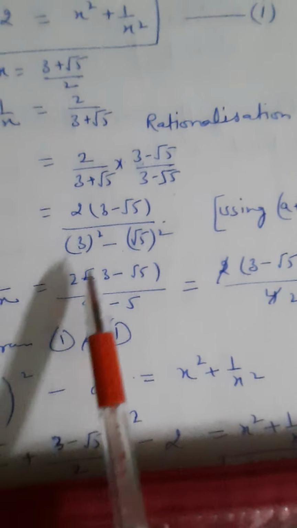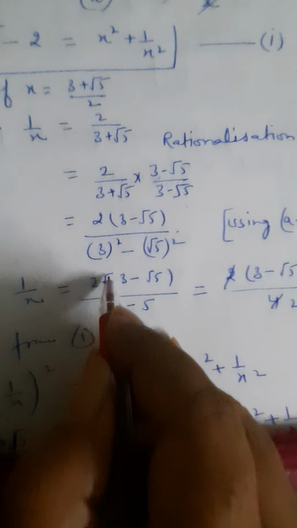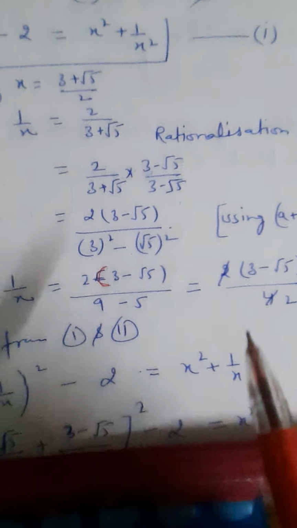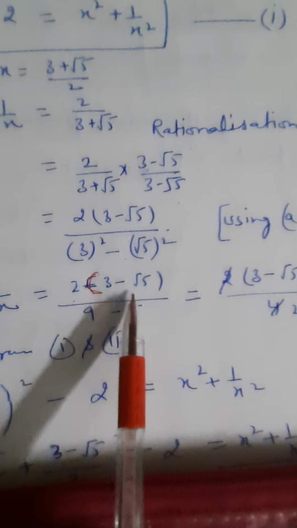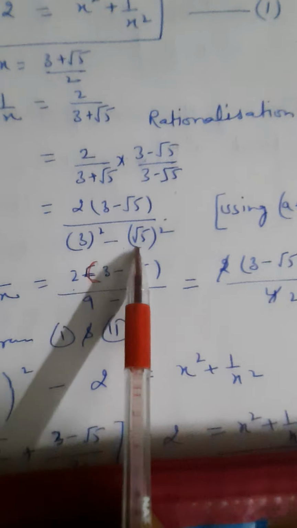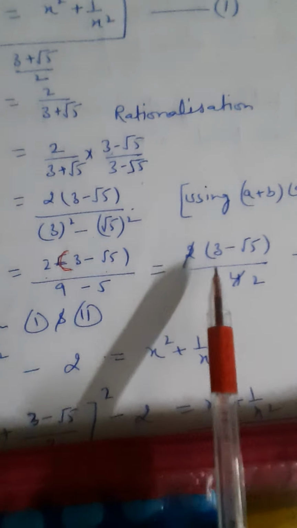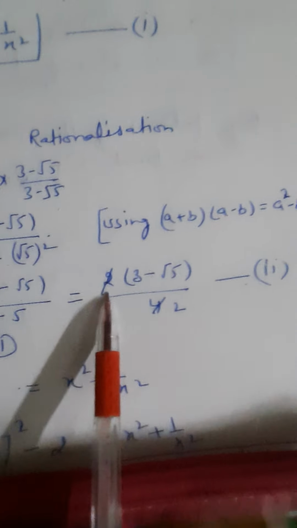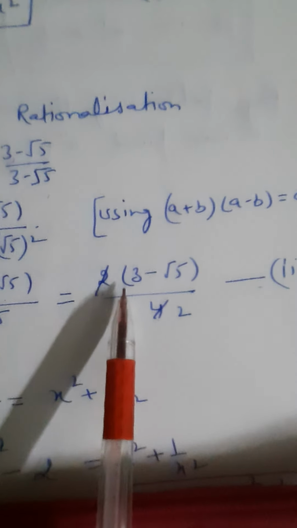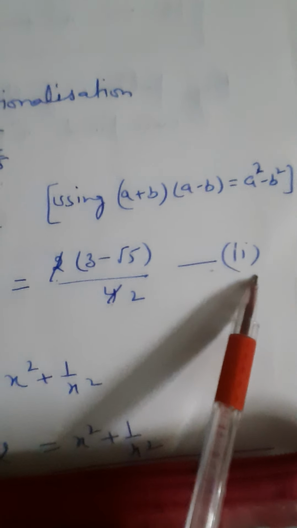Now in the numerator we'll leave it like this only. This is a simple bracket, don't get confused here: 2 into 3 minus root 5. In the denominator 3 square is 9 and root 5 square is 5, that is 9 minus 5 is 4. Now 2 is outside, so it will get cut by this 4. So 3 minus root 5 upon 2. This is my second equation.